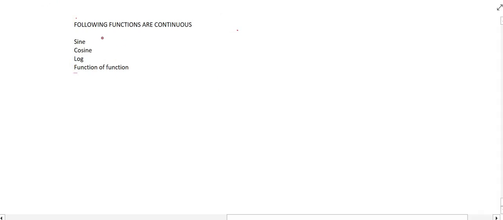So let's learn some rules. Following functions are always continuous, like sine function, cosine function, log function or function of functions. They all are always continuous.